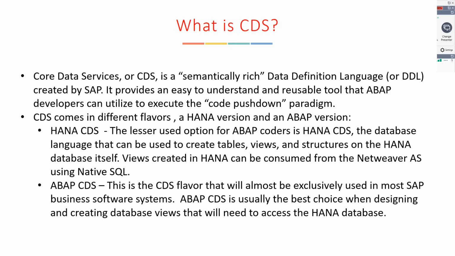It also is an application server. So basically what SAP wanted to do was, in the way you have on the ABAP side the data dictionary where you can define structures, table structures, data types, and things like that, on the HANA side you have HANA CDS where you can define your structures and tables, and it gives you a structured way to do that.